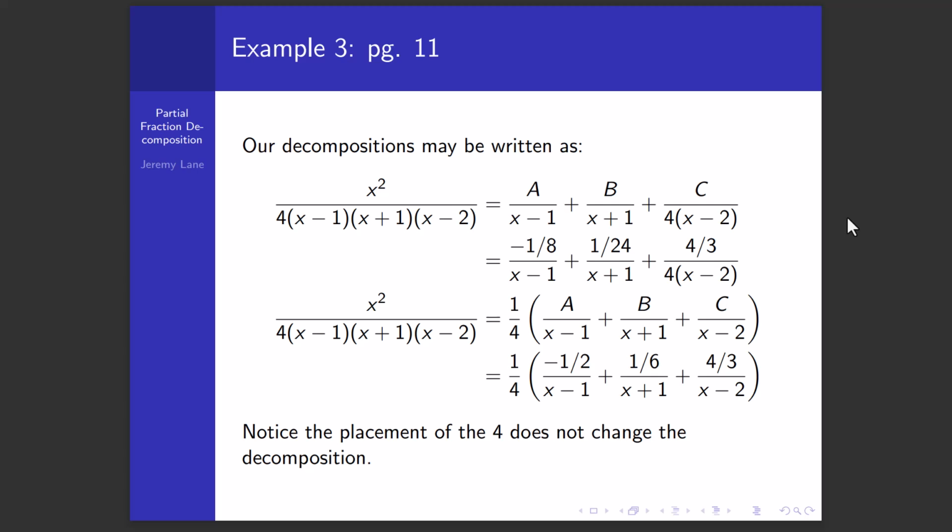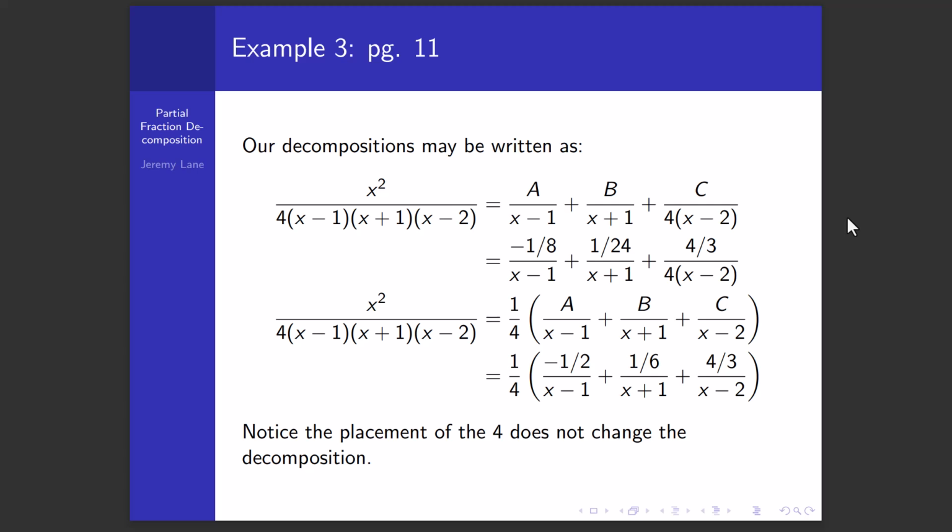So when we compare these two decompositions, we could have -1/8 divided by x minus 1, plus 1/24 divided by x plus 1, plus 4/3 divided by 4 times the quantity x minus 2. Notice that those 4s will cancel and give you that c value of 1/3 that we saw before when I was doing the substitution methods when 4 was under the denominators for a and for b.